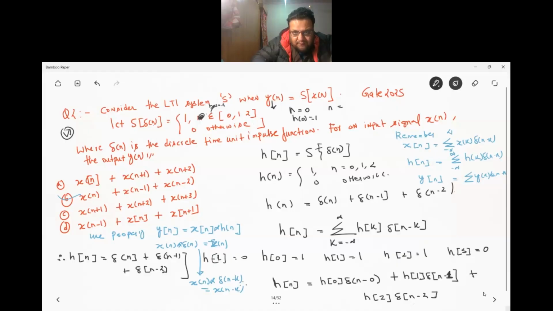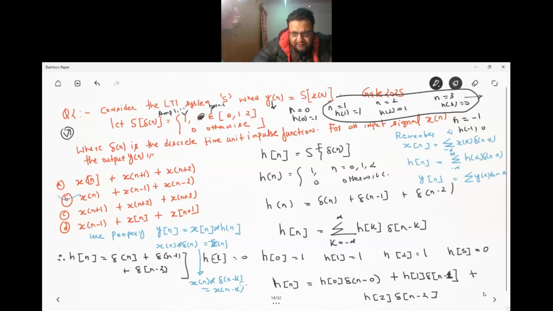When n is 1, h of 1 is 1. This is the amplitude. When n is 2, h of 2 is 1. But if n is 3, h of 3 is 0, and so on. If n was equal to minus 1, h of minus 1 is also 0. So you are interested in only these three cases.